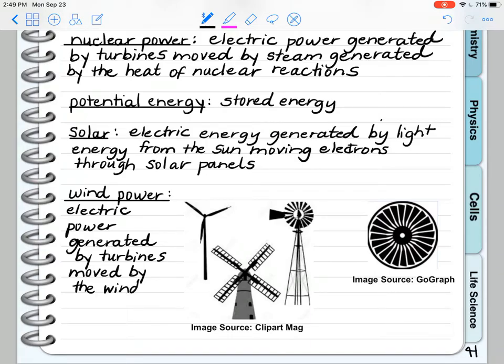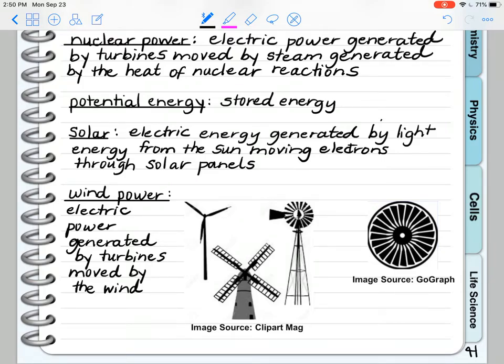The sources of these images, the first one is from Clip Art Mag, and the second one is from GoGraph. But those are pictures of turbines, just to give you an idea of what that looks like. And these are windmills on the left here that are used to generate power. As the wind turns those turbines, it is generating electric power, or can generate electric power.